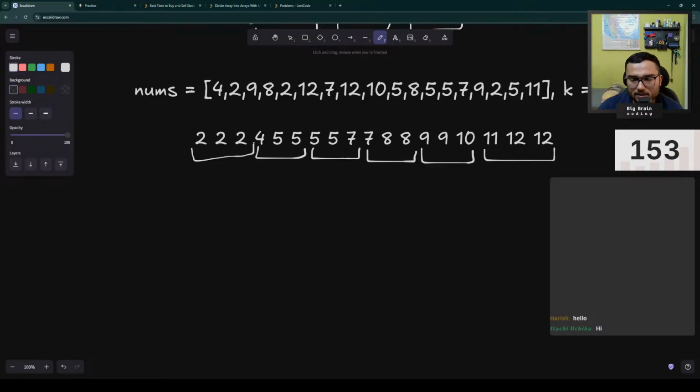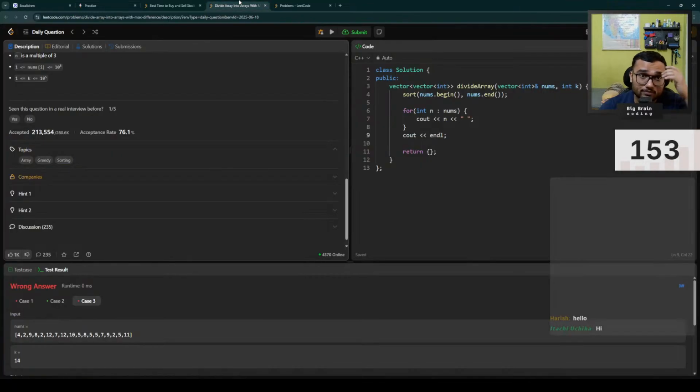When k is big enough, and let's say this was 112, then there would have been no case where it will be satisfied, right? And it makes sense to pair 112 with the next biggest number. Let's try this solution. If this works, then it's fine. Otherwise, we look at the solution.